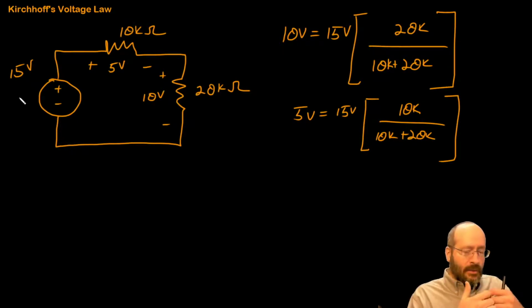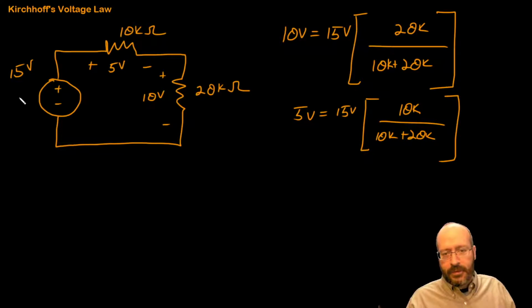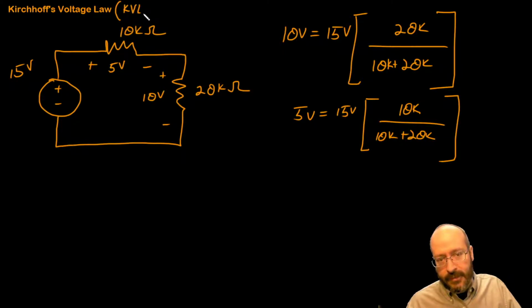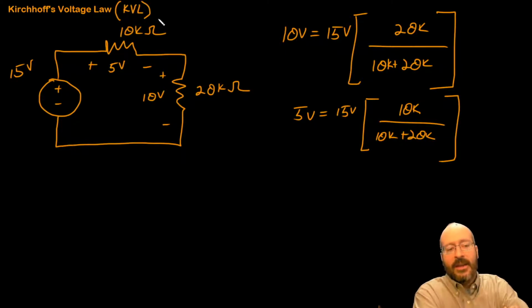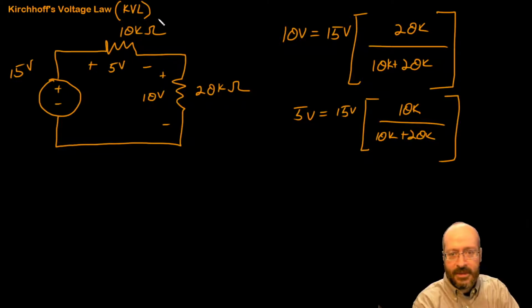Okay, so here we come with Kirchhoff's voltage law, and very frequently we will abbreviate that as KVL. At least in the English language, that ends up being our abbreviation for Kirchhoff's voltage law.